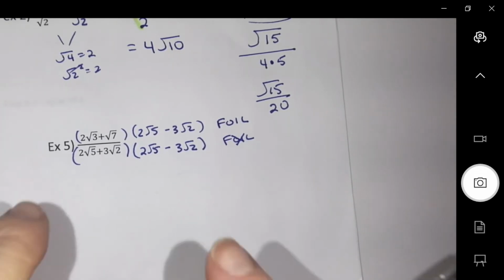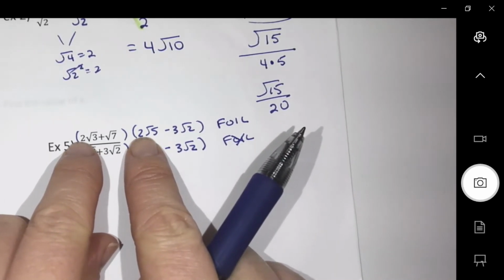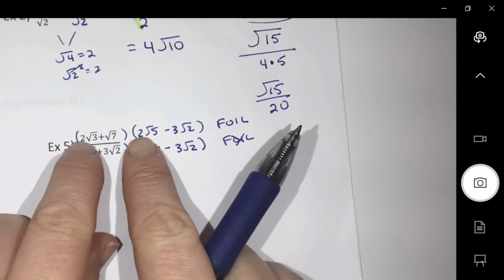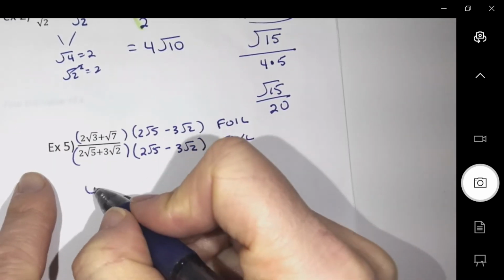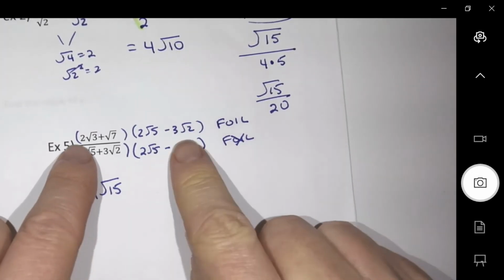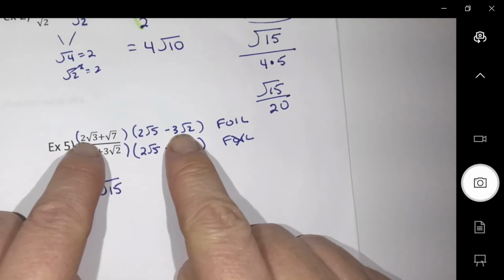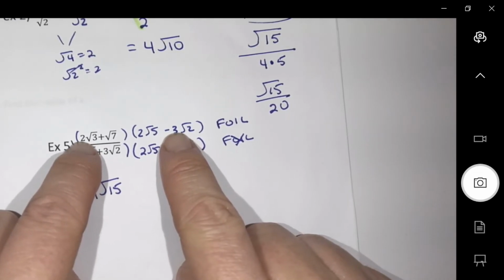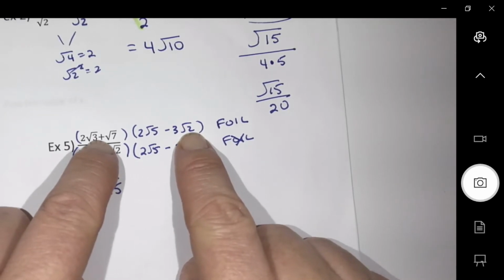Okay, so slow and steady here. This one will make 4 root 15. Outsides should make minus 6 root 6.